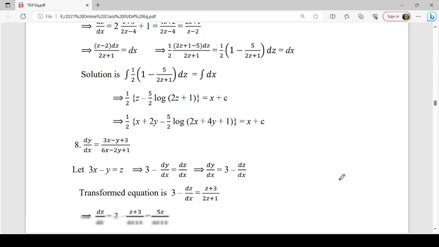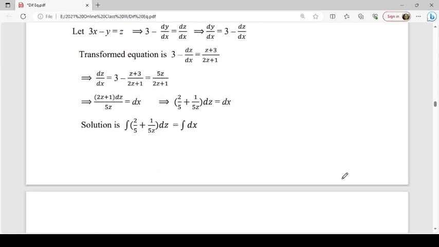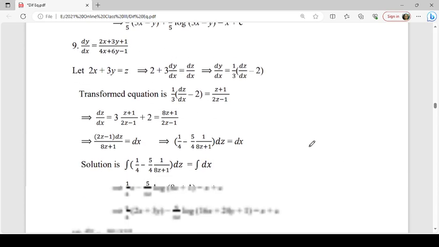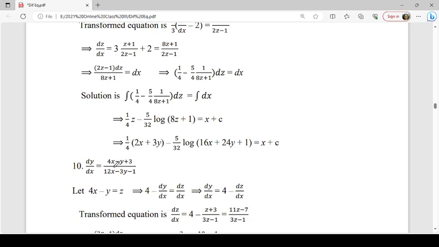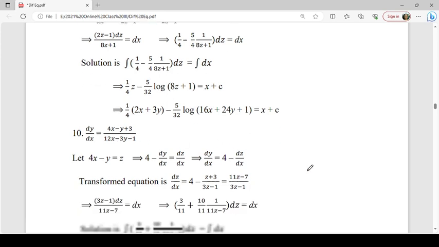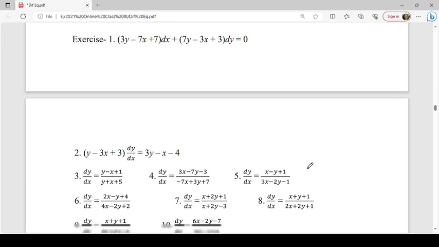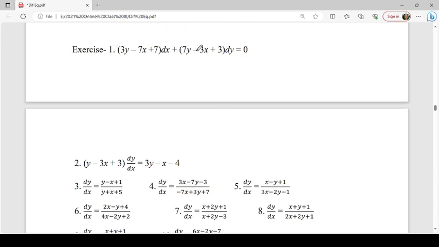So this is the procedure of solving homogeneous and reducible to homogeneous equations. Same thing for number 9. This is also 1 by 3, and this is 1 by 3, the same proportion. So these are the exercises we can try. You can try this.